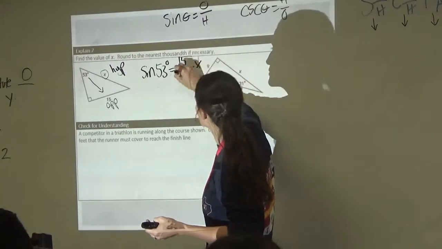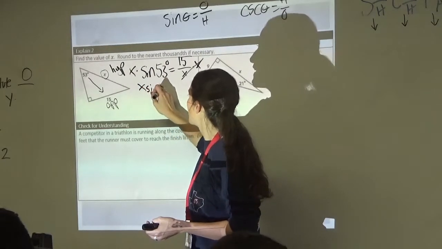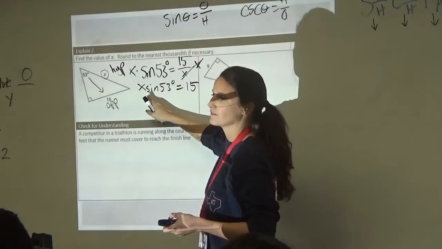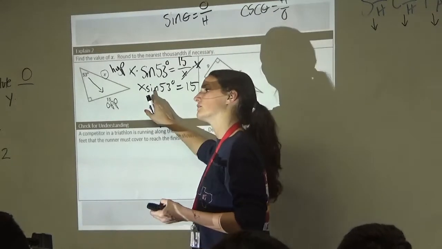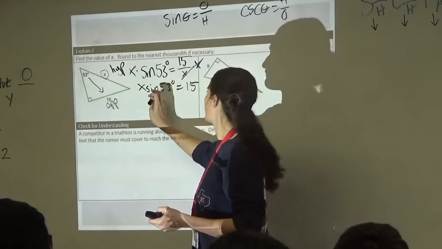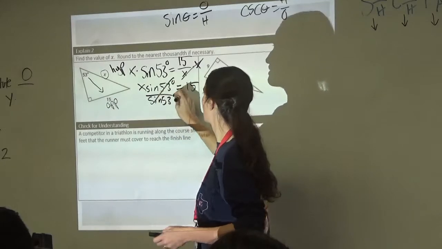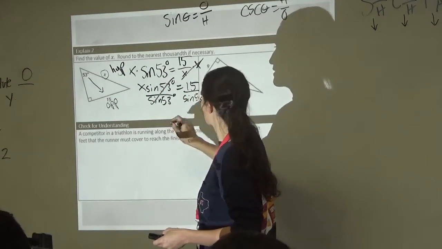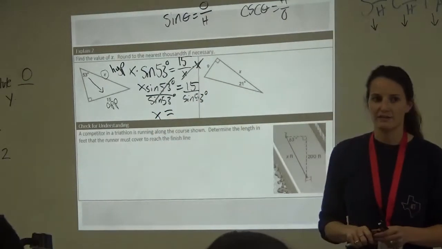So I can multiply times x on both sides. And then I can do what to solve for x and get rid of the sine of 53? Divide. Divide by sine of 53 degrees. And I end up with x equals 15 divided by the sine of 53 degrees.